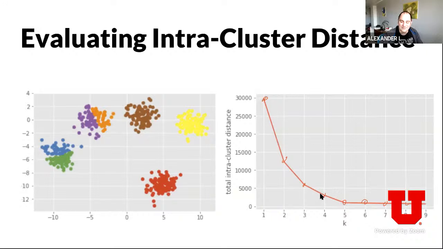So if your intra-cluster distance tapers off as you increase k, you can just visually look at this and find this knee in the data set where the intra-cluster distance suddenly tapers off and isn't quite as steep anymore, to identify the right number of clusters. Of course, in an example like this, I can just see it, right? But you should think of this as if I have 100 dimensions that I want to cluster. I can't just look at this. I have to look at something aggregate like this.